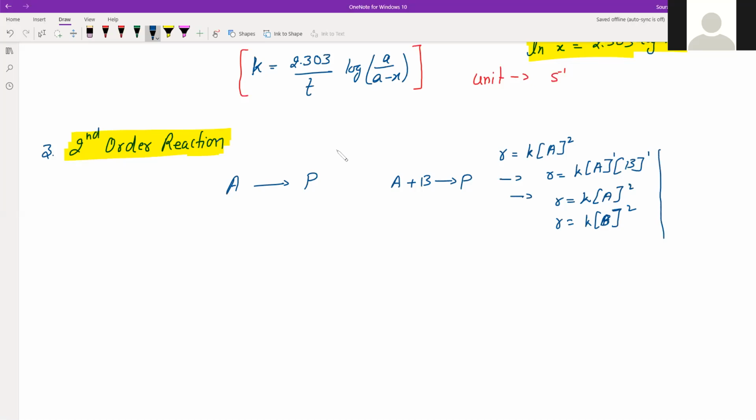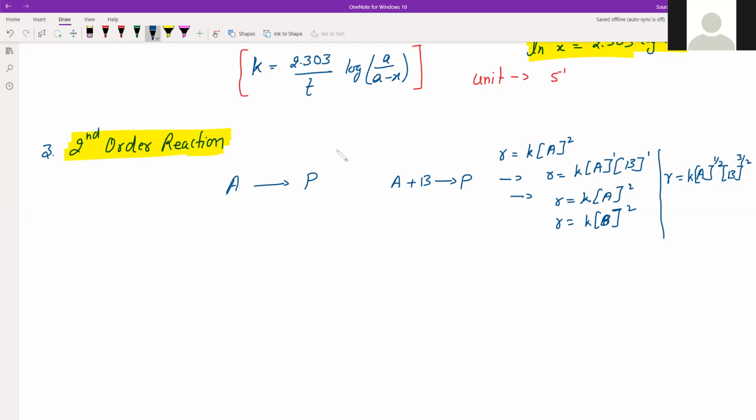So ultimately the total sum should be equal to 2. It can be even K into concentration of A to the power half, and concentration of B to the power 3 by 2. Even that is possible. Order can be a fraction, we know that, right? So all these possible combinations are there.